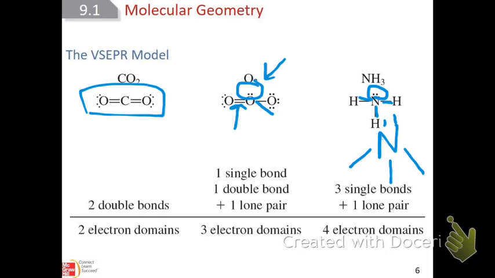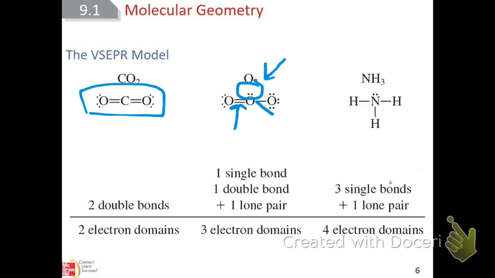Also, on the top of 368, you're going to see some bond angles. And when we're talking about bond angles, there's two different bond angles that we can be talking about. Let's talk about this case of this ammonia right here, this NH3.